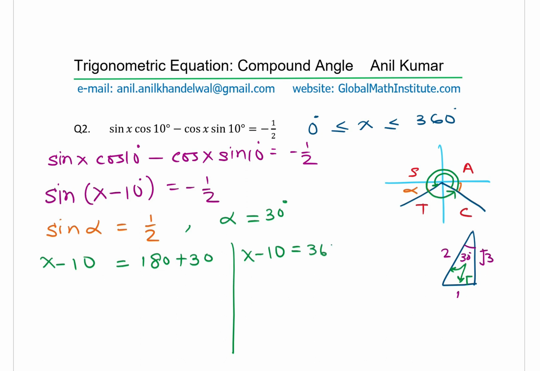So 360 minus 30 degrees. So all are in degrees. So we get x as equal to, so you can add 10 also to this. Okay, let's write this.